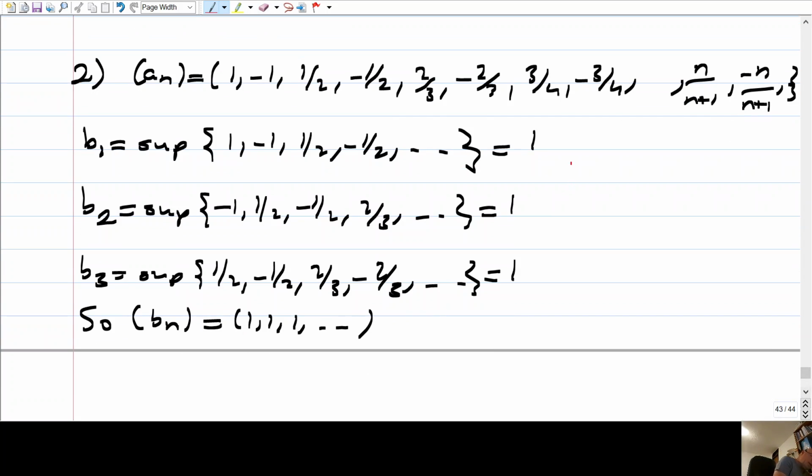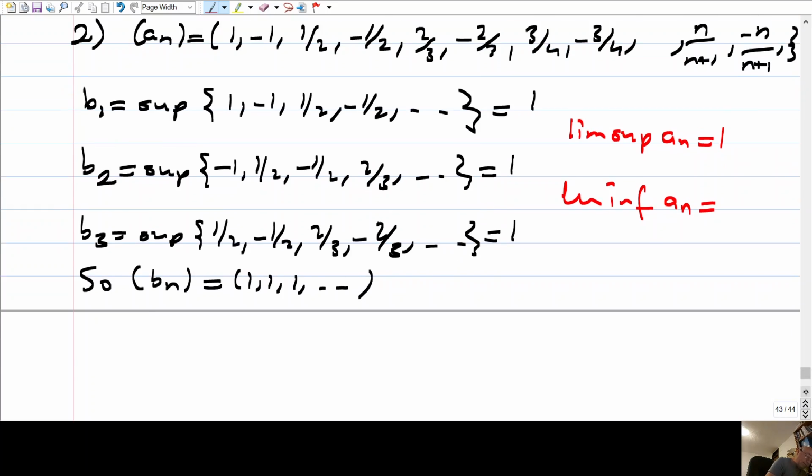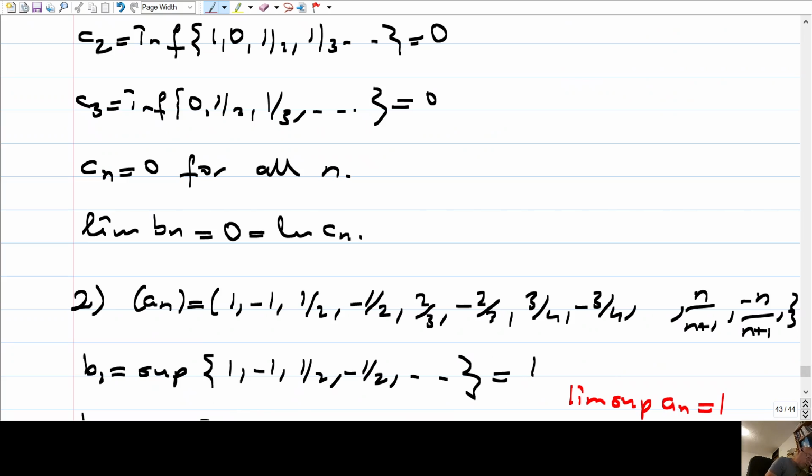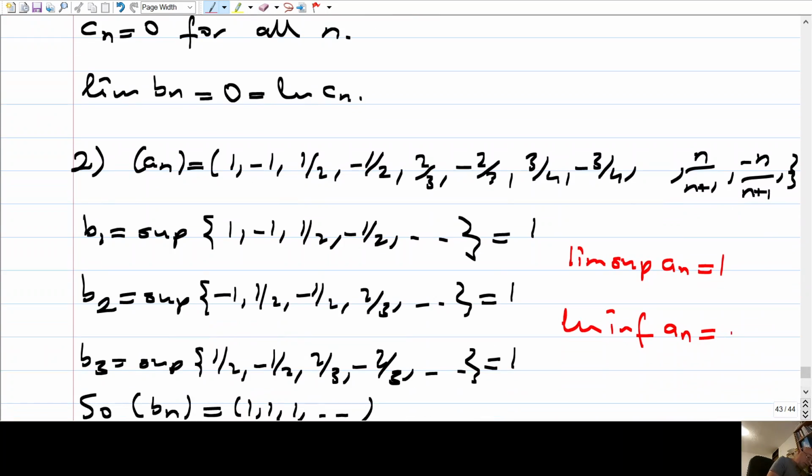What about this one? They are both constant sequences. Lim sup an is 1, and lim inf an is the constant sequence -1, so they are not equal.